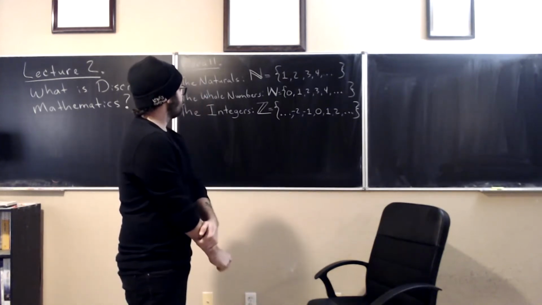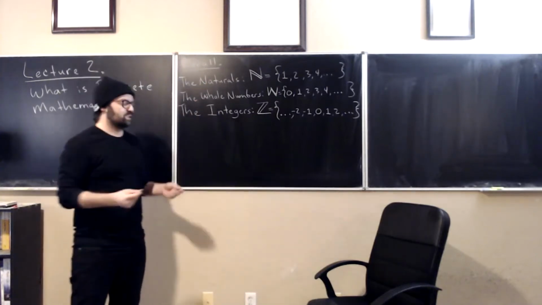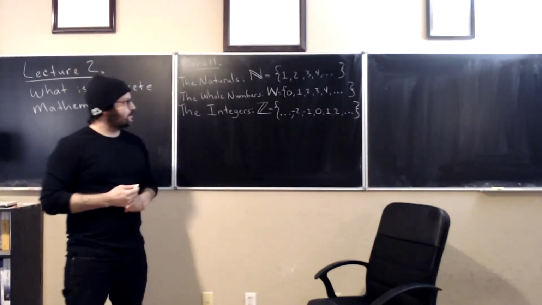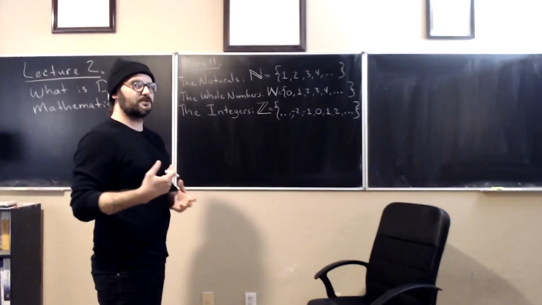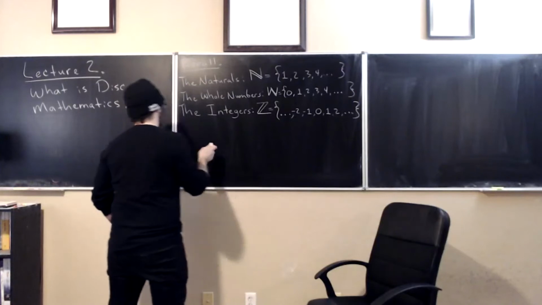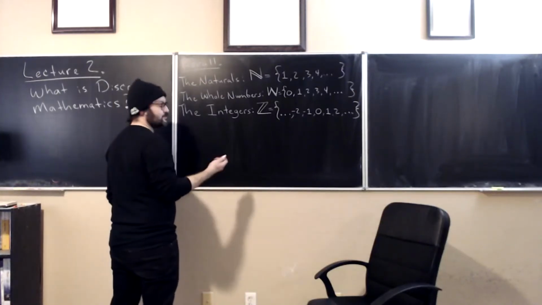Okay, so currently naturals, whole numbers, integers, these are nice numbers, easy to grasp numbers. The next number system is where we start to get a little bit more abstract. And this number system is called the rational number system, or the rationals.